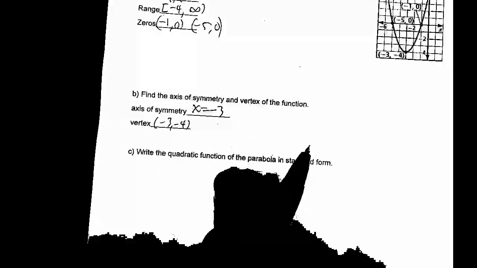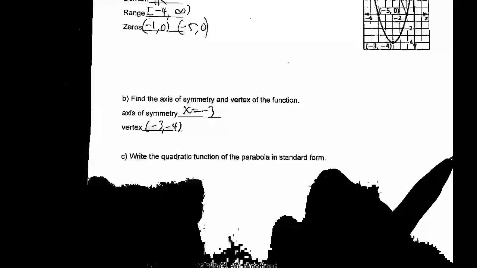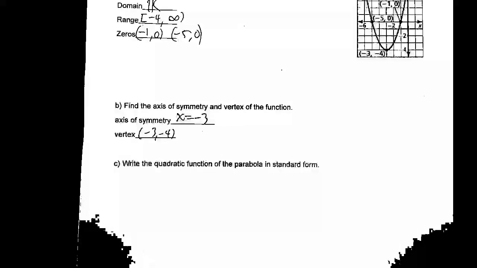And then write the quadratic function of the parabola in standard form. So I know the zeros, I know the vertex. It says write the equation in standard form. So we could do this a number of different ways.